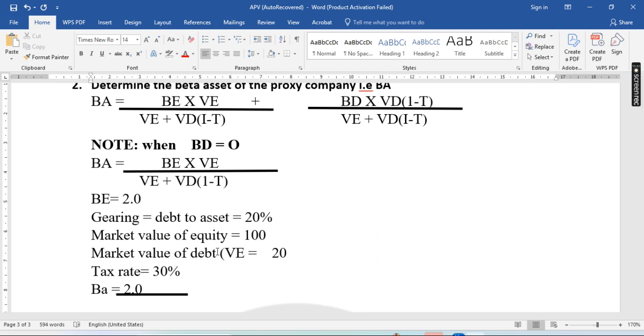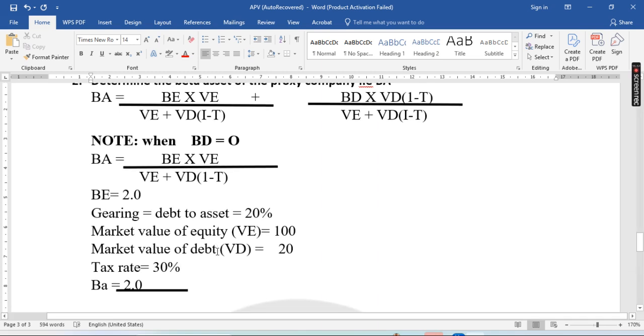For those who were not in class when we did adjusted cost of capital, you can go back to it so you understand this better, right? So VE is 100 plus debt is 20, right? Then 1 minus tax rate. What is the tax rate? It is 30%, 0.3. Then you close the bracket, right? So don't forget, times the value of equity is 100.